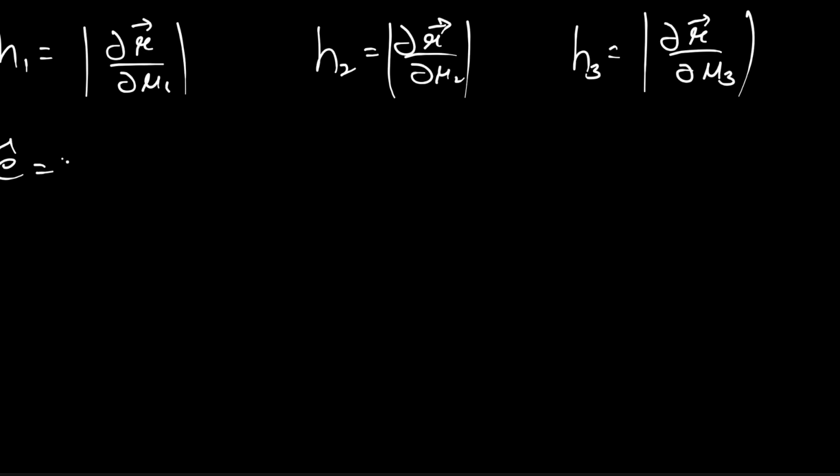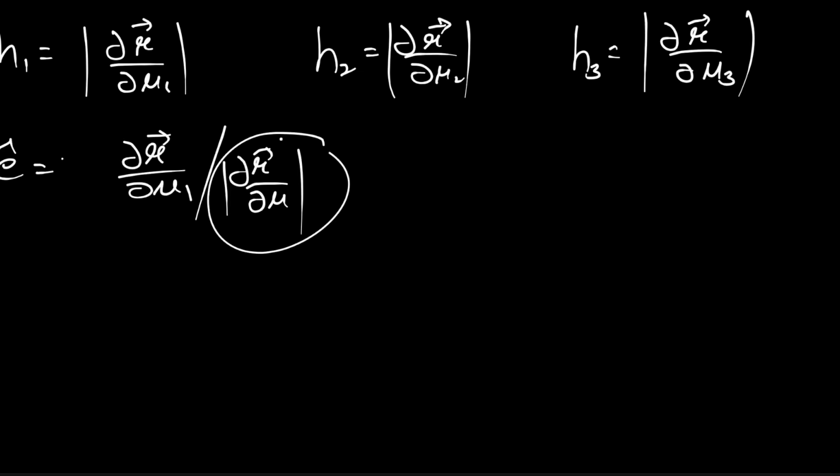Then the unit vectors are defined by this ratio, and this is the ratio you should know. This is the h1 value, and e1, and e2.